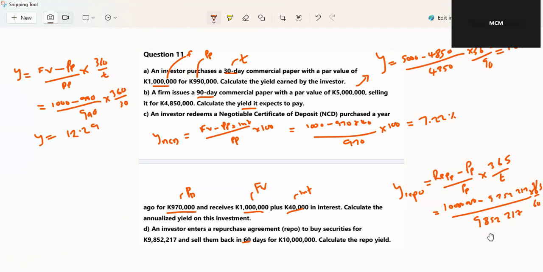Times 100. So this will give us our yield as 9.12%.